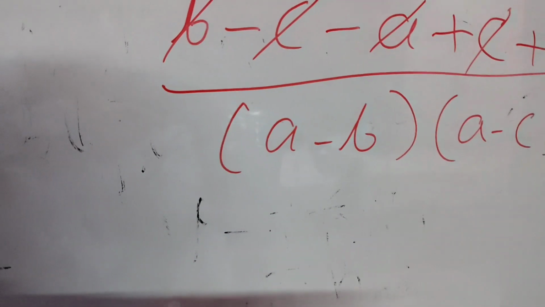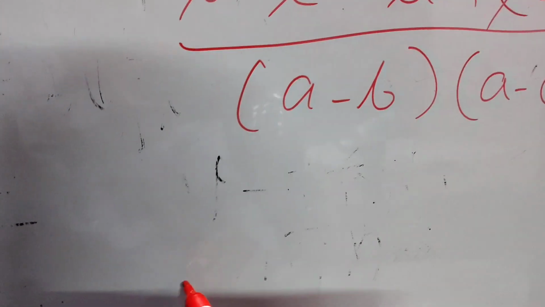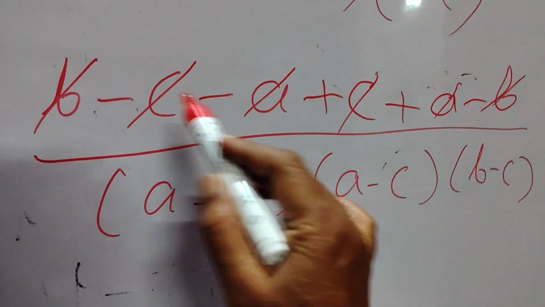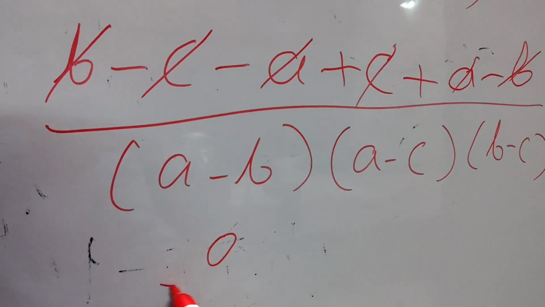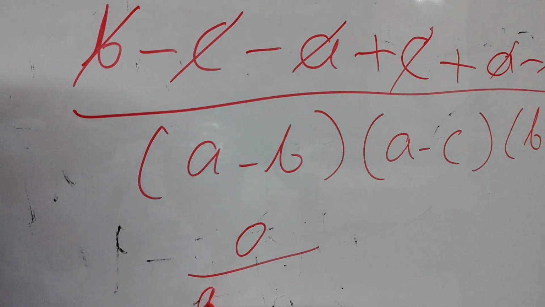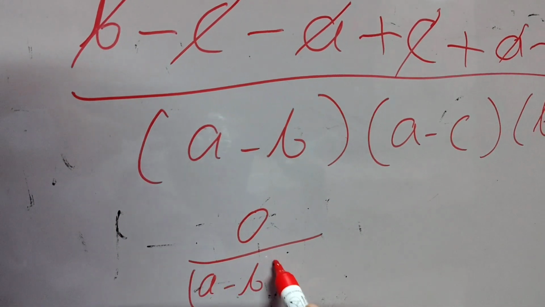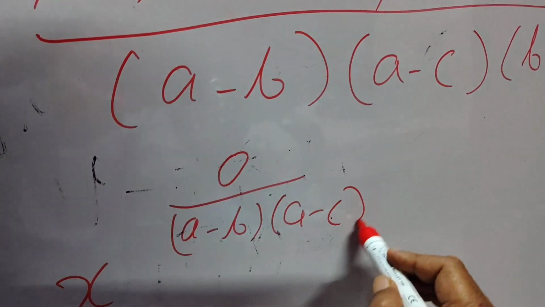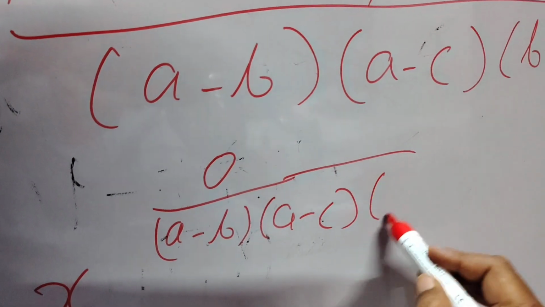So what I have is x to the power, this becomes 0, 0 by a minus b, a minus c, and b minus c.